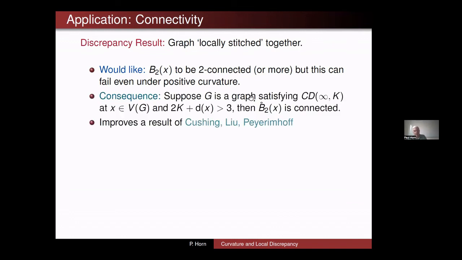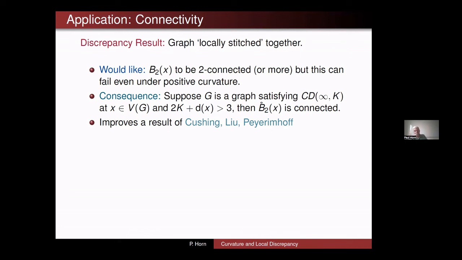However, what one can prove is that if you have a graph which satisfies one of these curvature bounds, and this K is not too negative, then, well, you don't quite get 2-connectivity, but you get that the ball with the center removed is connected.